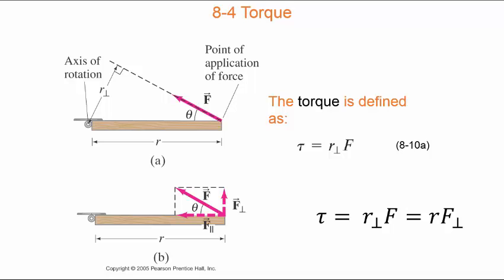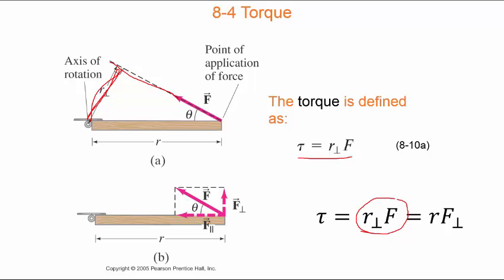Geometrically, you have two options which mean the exact same thing. First, you could multiply the portion of the lever arm that is perpendicular to the force by the force. So this portion of the lever arm is perpendicular to the force, and that would be this equation, this part right here.